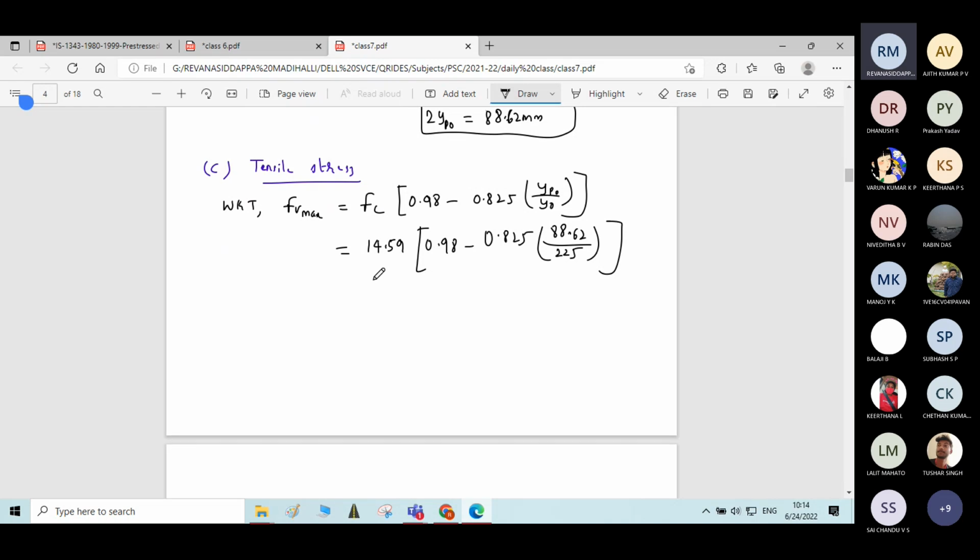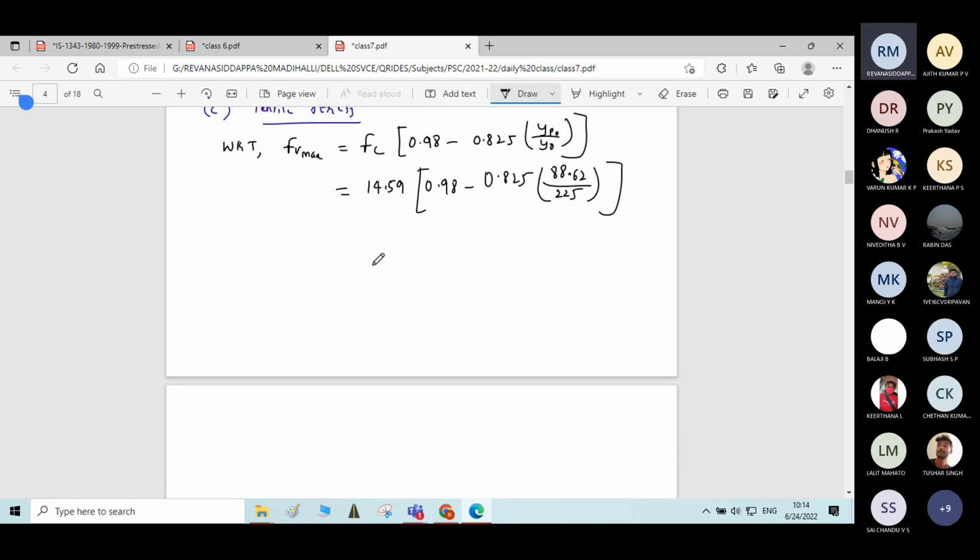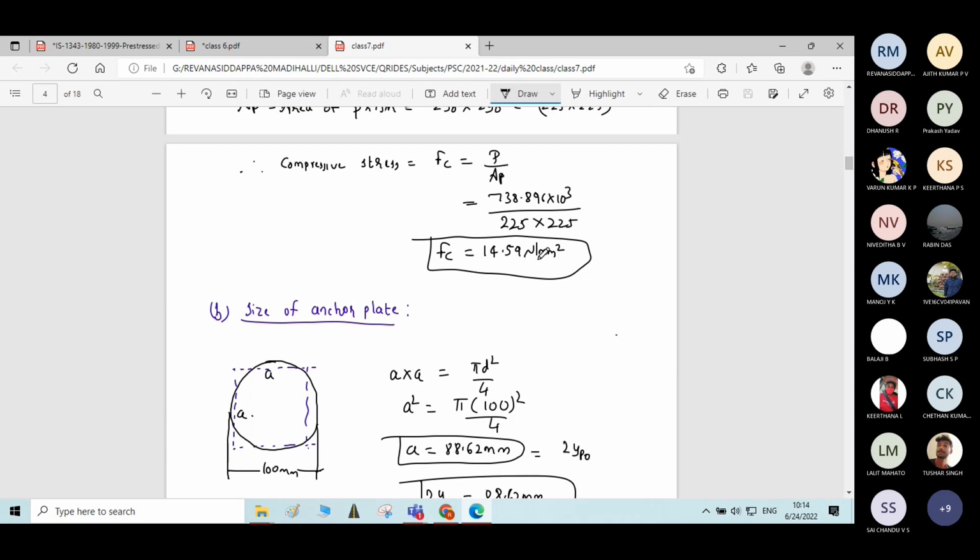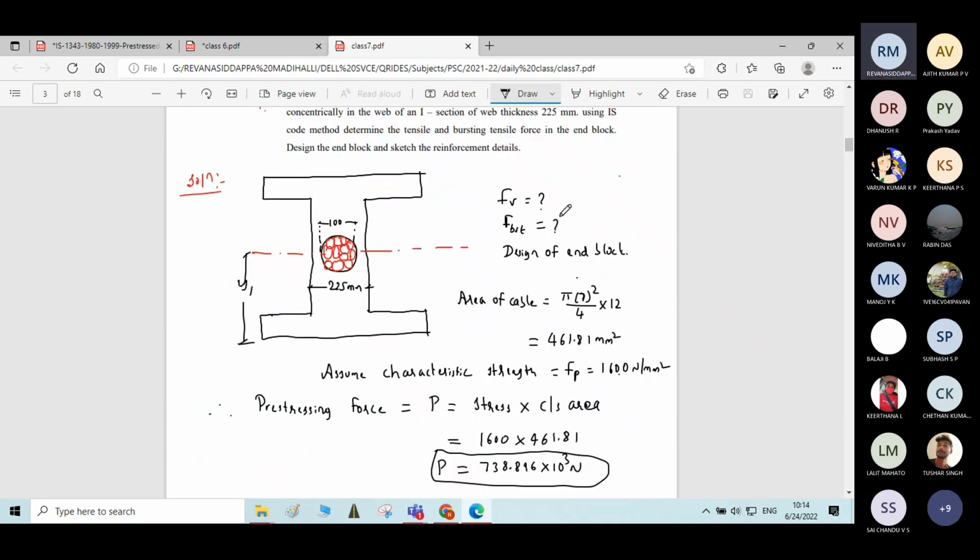Finally you will get the same answer from both calculations. If you calculate the answer, the tensile stress that you get is 9.55 Newton per mm square. So that is the tensile stress.